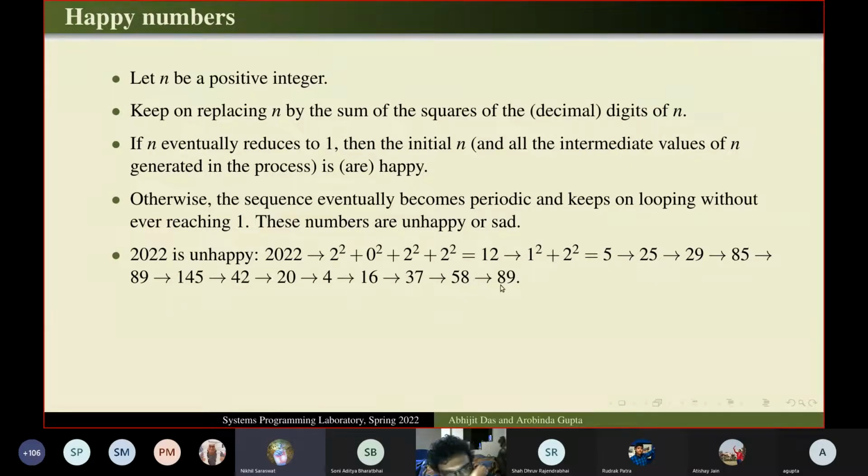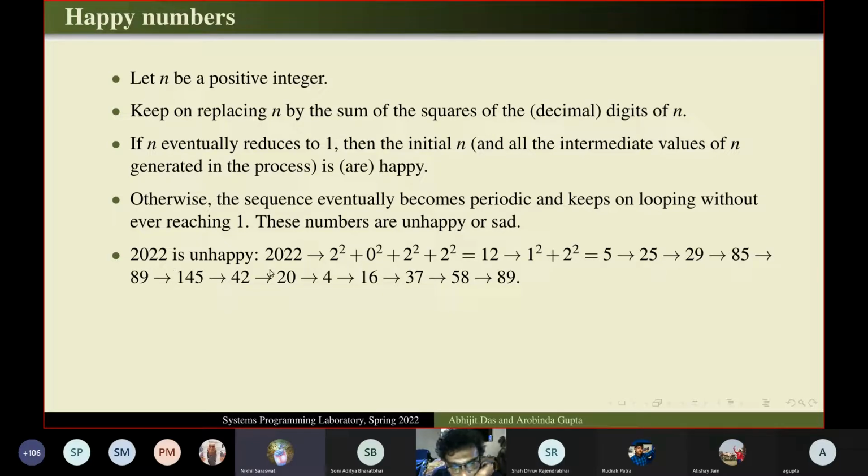This is the first repetition. What does it imply? It implies that the next one will be 145, then 42, then 24, 16, 37. So this will keep on repeating this loop. It will never reach 1. So 2022 is unhappy.